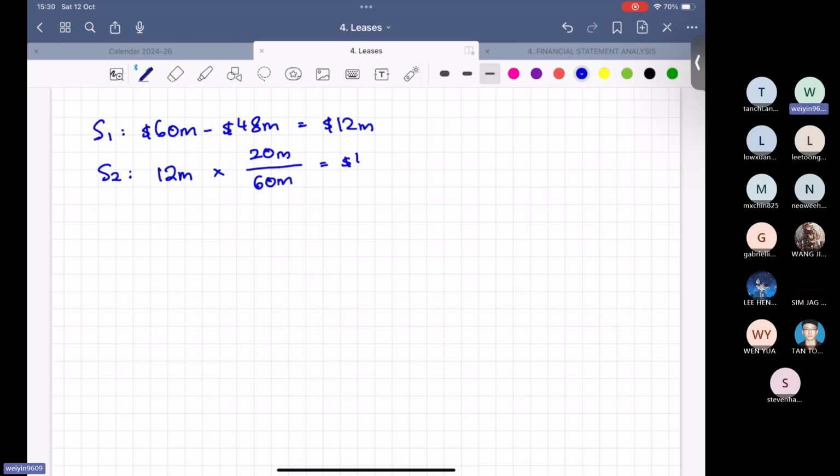So I got 4 million. Step 3, step 1 minus step 2: 12 million minus 4 million, 8 million. And then step 4, right of transfer, carrying amount.